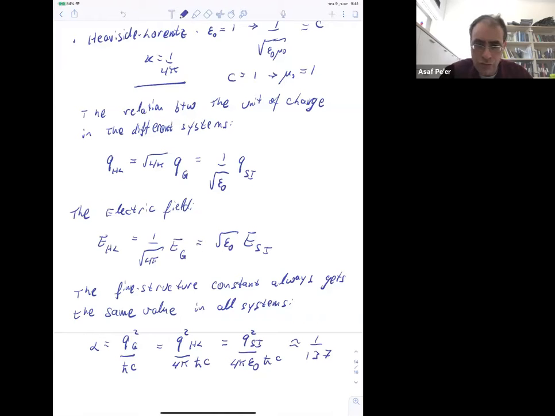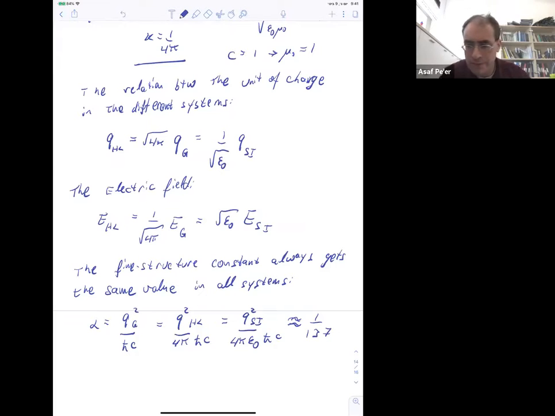Now, I do have to tell you, I'm going to use Heaviside-Lorentz because this is what you find in most textbooks, but not all of them, which was kind of annoying when I prepared this lecture, because Griffiths, which I'm semi-following, uses Gaussian units, but other textbooks use Heaviside-Lorentz units.